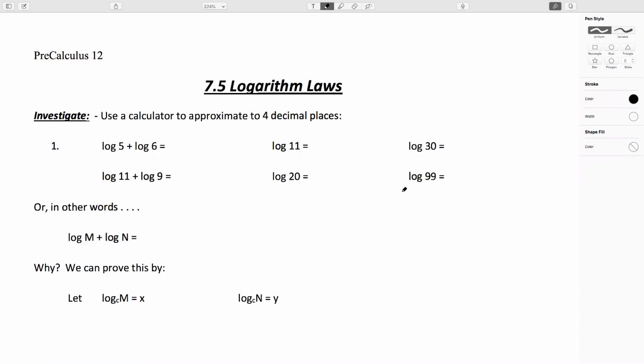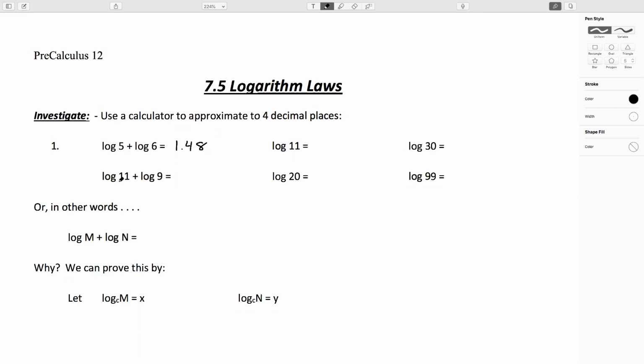We're going to start by doing a few calculations with a calculator, just to see what we get out of logarithms, and see if we can predict what the rules are. If you input log 5 plus log 6, you'll get 1.48.